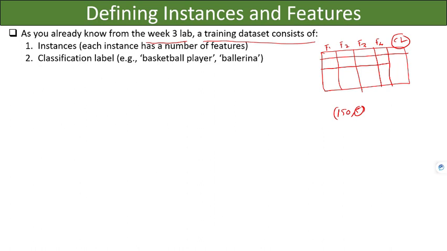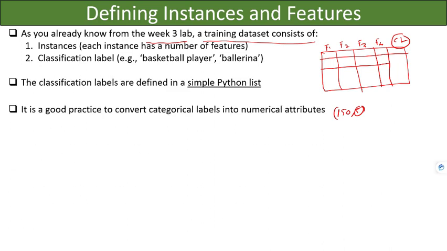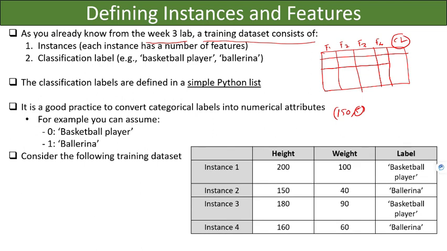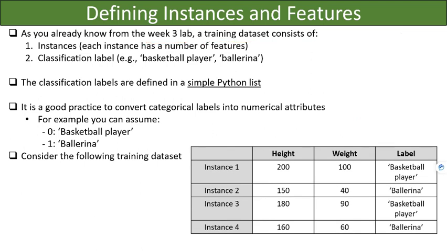I have given an example here. Let me use this example to explain. This is my data set, and in this example you have 4 instances. If you relate this example with the iris dataset, how many instances did you have in the iris dataset?